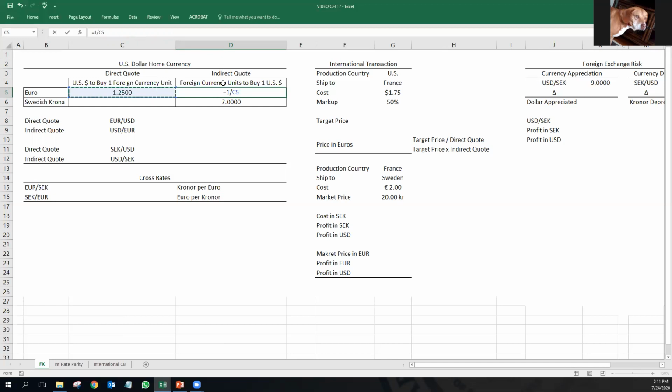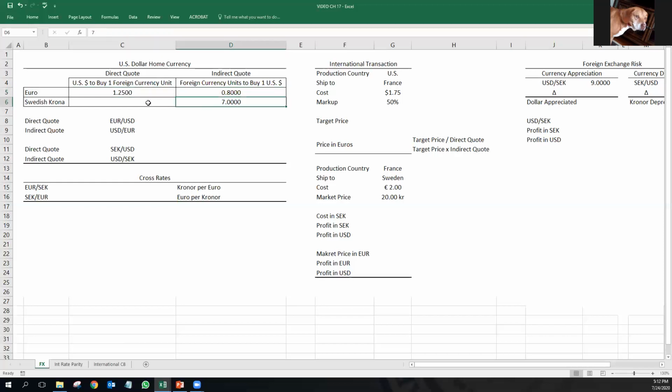If you have the direct quote, the reciprocal is the indirect quote, and vice versa. So in this case, it takes 0.8 euros to buy $1. And that will be the indirect quote when you are in the home currency. If you were in Europe, then you just call this the direct quote and call this the indirect quote.